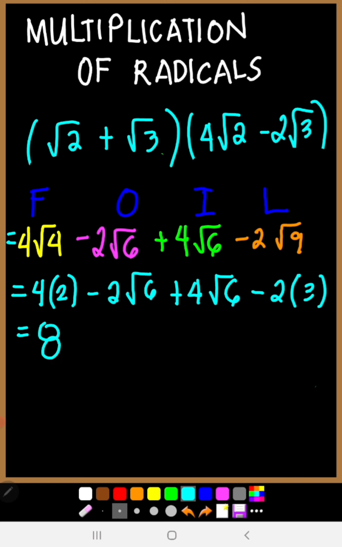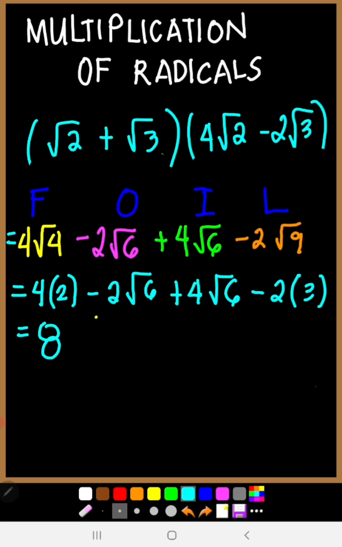Now, as you can see, itong negative 2 square root of 6 plus 4 square root of 6, they are similar radicals. Wherein, kapag sa addition and subtraction of radicals, pwede natin silang pagsamahin kasi similar sila. So, i-simplify na natin sila or i-add and subtract na natin sila.